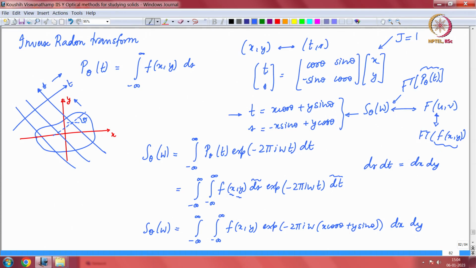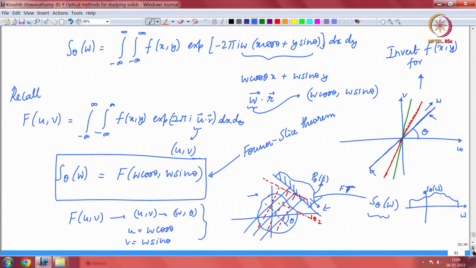So, for instance, if you take the expression for s theta of w, you will see that there is this integral, basically the Fourier integral in the 1D t variable, and then p theta itself is of course also an integral, right. And so, we used this to work out in the general case what we would need to relate s theta of w to f of u comma v, right.